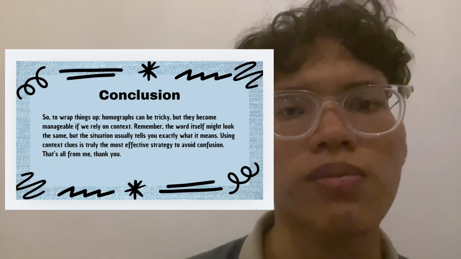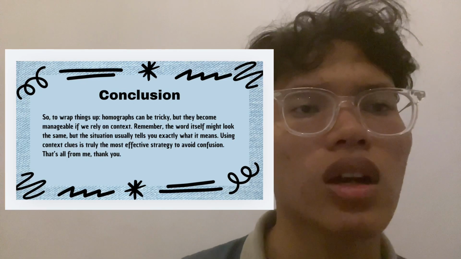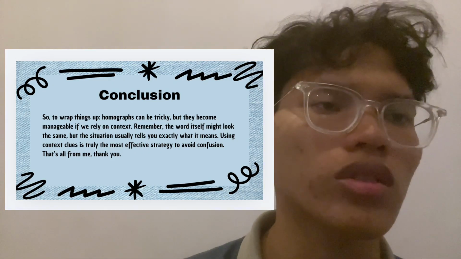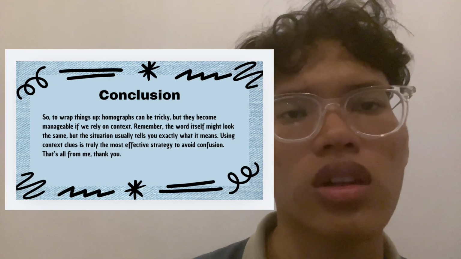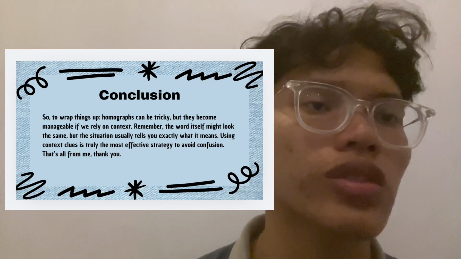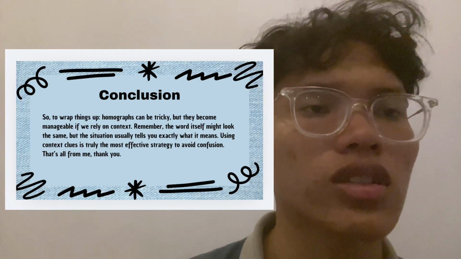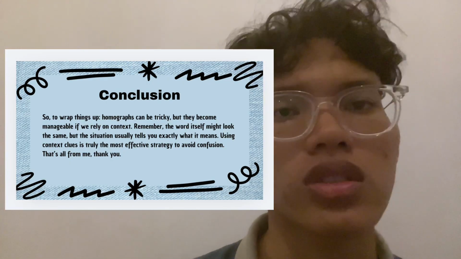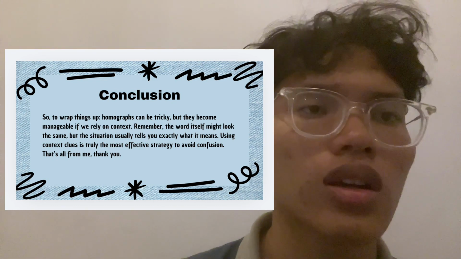Next, conclusion. To wrap up, homographs are definitely manageable if we train ourselves to rely on context, and honestly, do not be afraid to make mistakes. Even native speakers sometimes pause when they see a homograph.